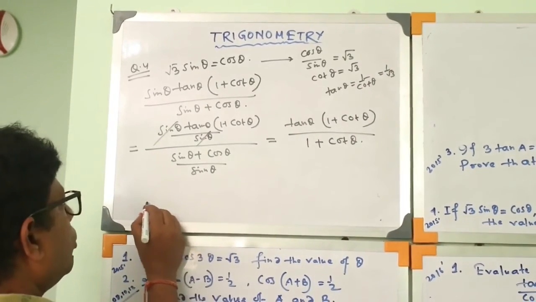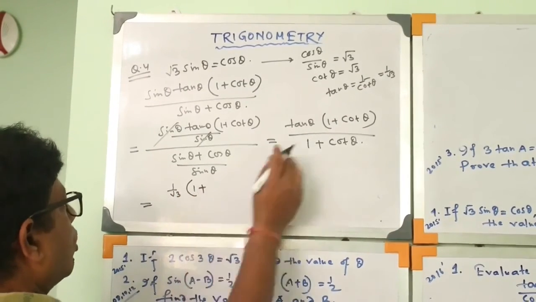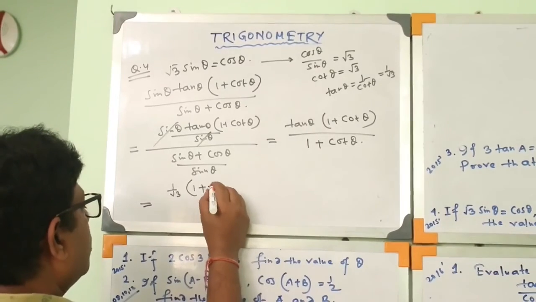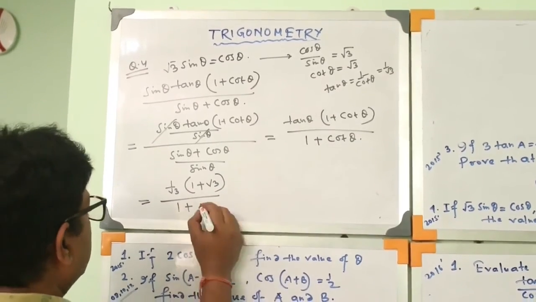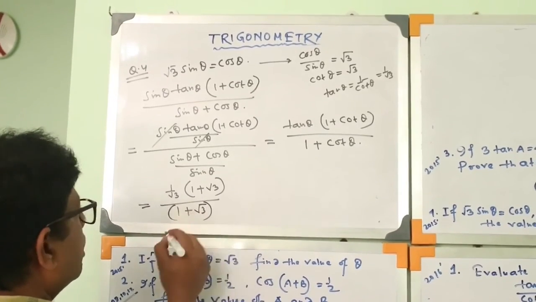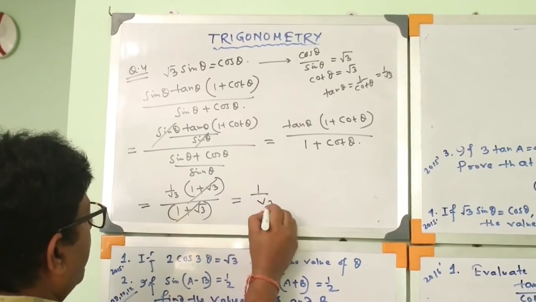So by putting this value, tan theta is equal to 1 by root 3, and 1 plus cot theta means root 3. The 1 plus cot theta cancels, ultimately you will get 1 by root 3.